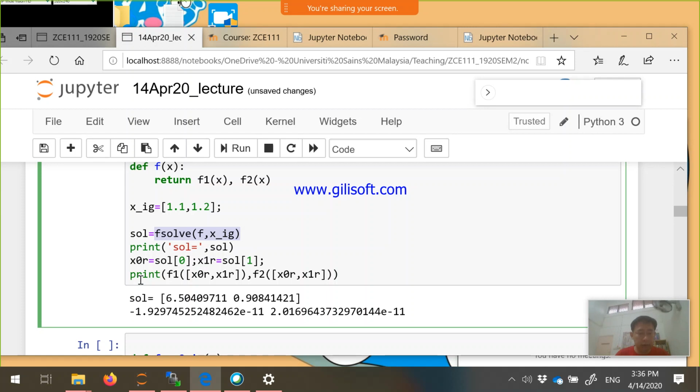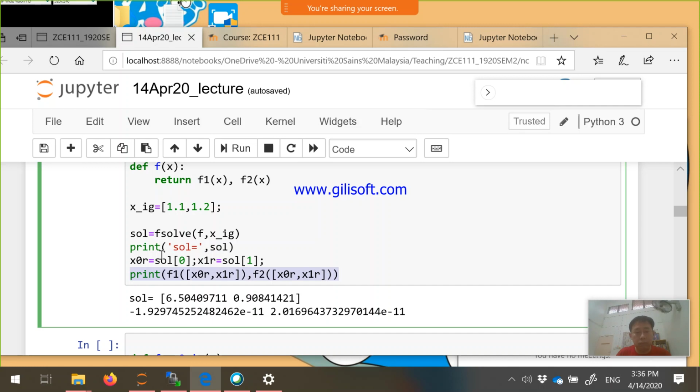So the solution that you obtain is x0r according to my definition here. So I keep the solutions to be SOL. Then I extract the first component and the second component of SOL. After that, I put these solutions into the argument of f1 and put the solution into the argument of f2.